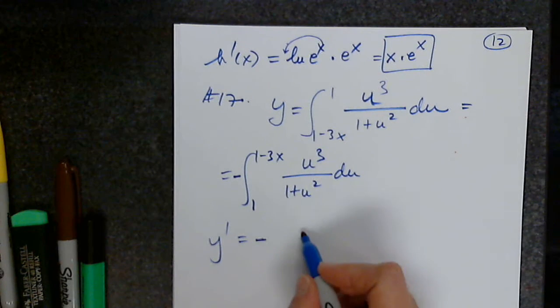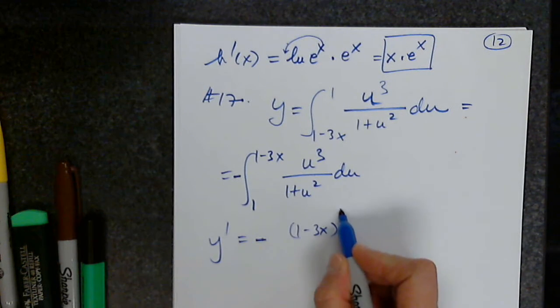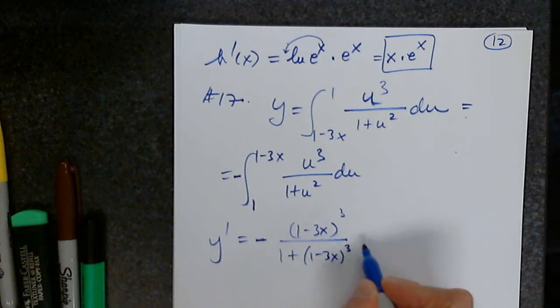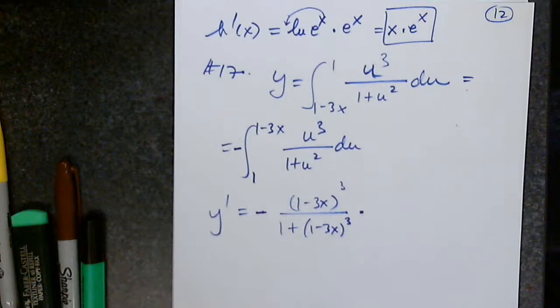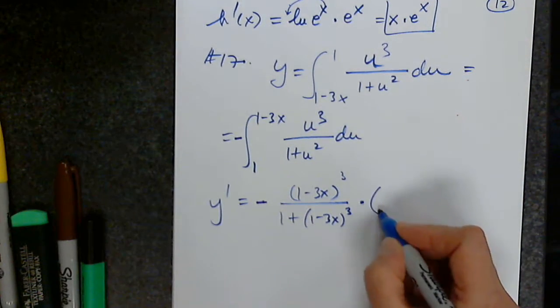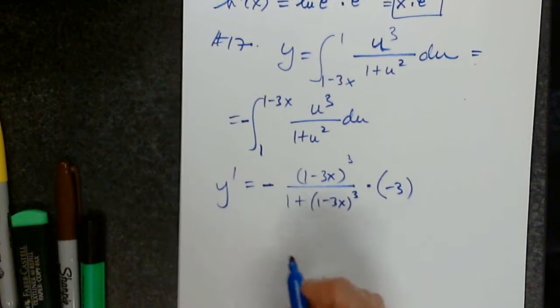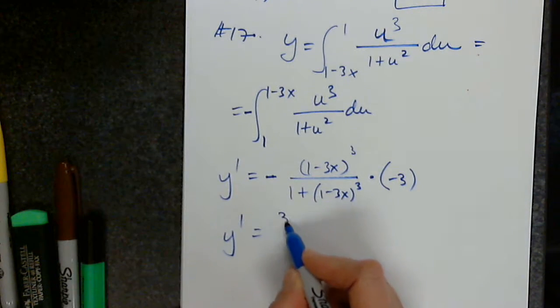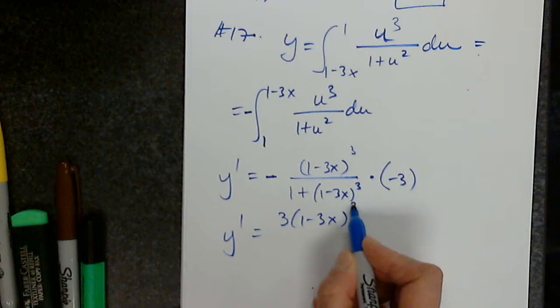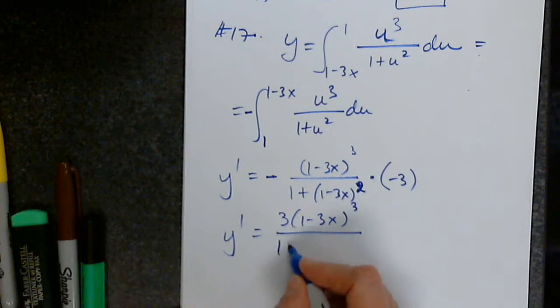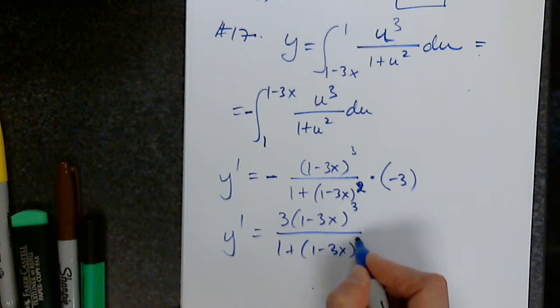Minus 1 minus 3x to the third over 1 plus 1 minus 3x to the third multiplied by the inner function prime, which is negative 3. So therefore, these two negatives go away, and I'll put 3 in front. So then y prime is 3 times 1 minus 3x to the third over, oops, this is second, sorry, 1 plus 1 minus 3x to the second power.